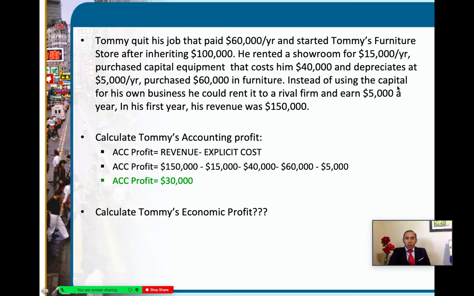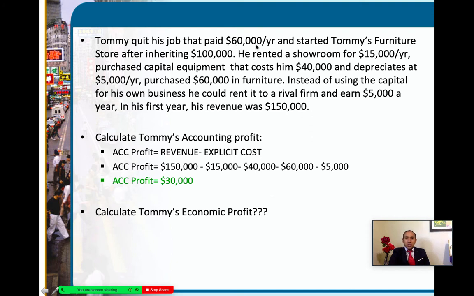Well, he's foregoing $5,000 for potential earnings that he could have earned by leasing or renting some of his infrastructure. And he's also foregoing his potential salary of $60,000 since he quit. So he's foregoing that. That's a foregone benefit and implied cost.